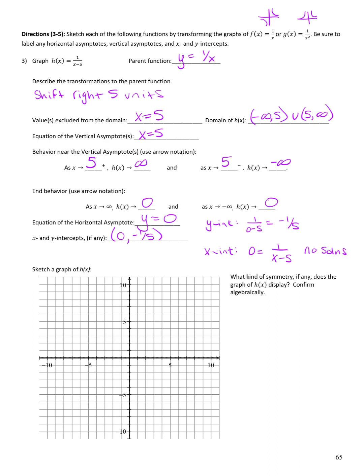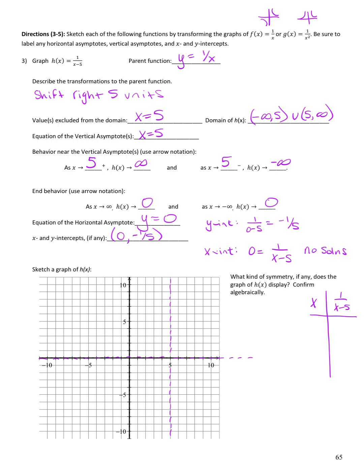So now I'm going to try to graph this. I have a vertical asymptote at x equals 5, and a horizontal asymptote at y equals 0. I can plot a couple of points if I need to. I have x and 1 over x minus 5.